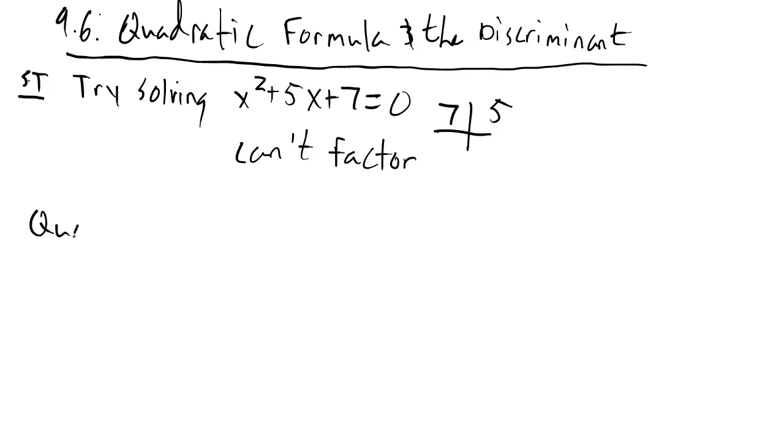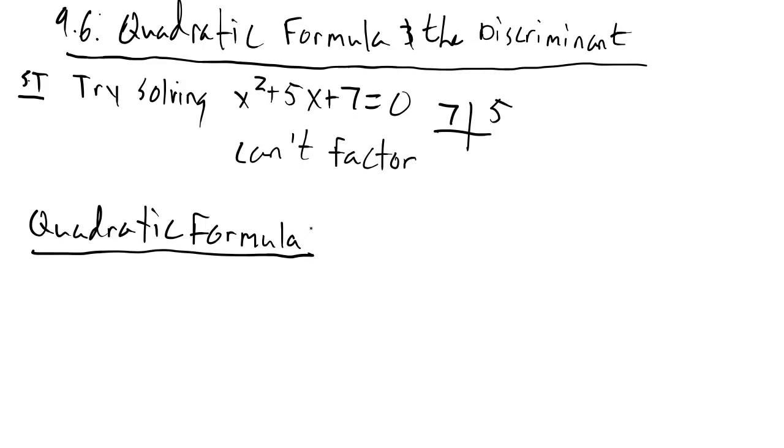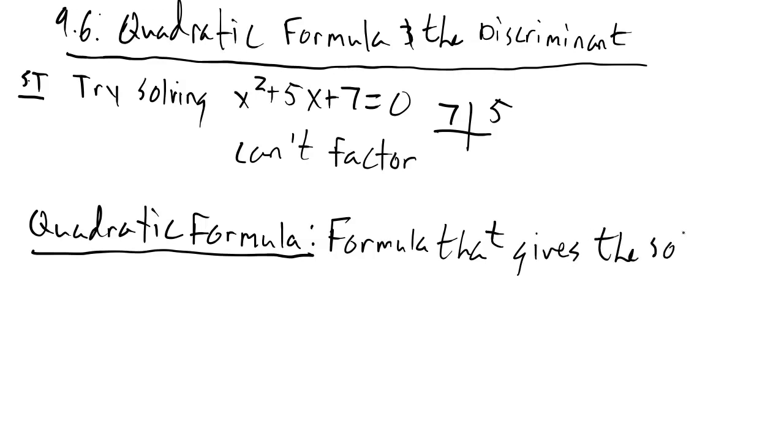So this is the quadratic formula. And what the quadratic formula allows us to do is it's a way to solve every quadratic equation. It's a formula that gives the solutions to any quadratic equation.